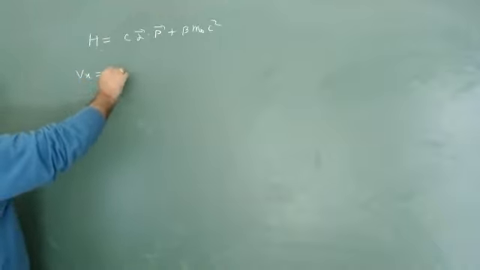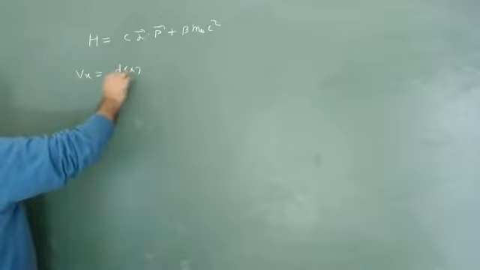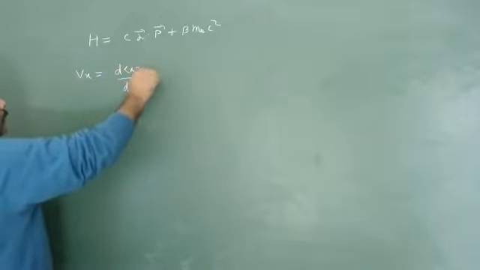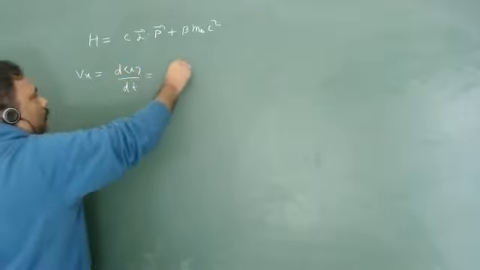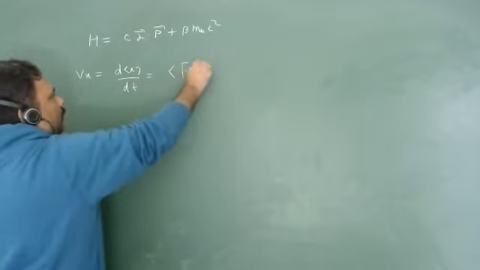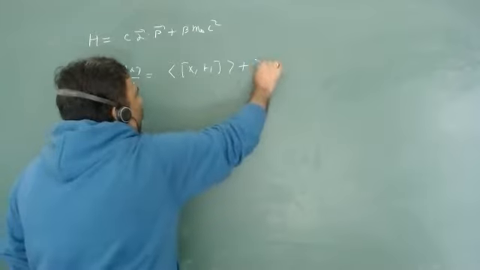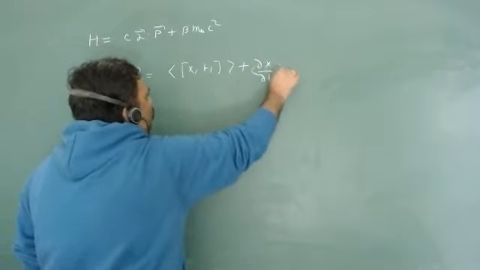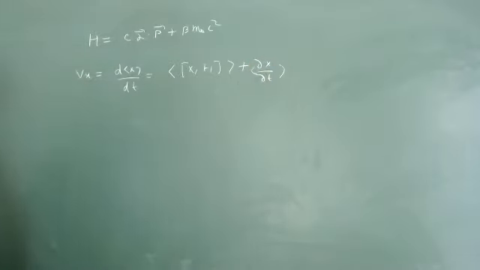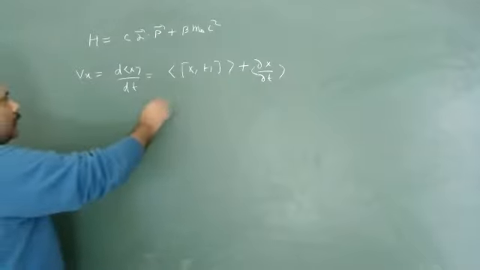Then what is Vx? I can write dx upon dt, which can be written as 1 upon iħ times the commutator of x and H, plus del x upon del t. Obviously, x is not an explicit function of t, so I can choose that thing is 0.